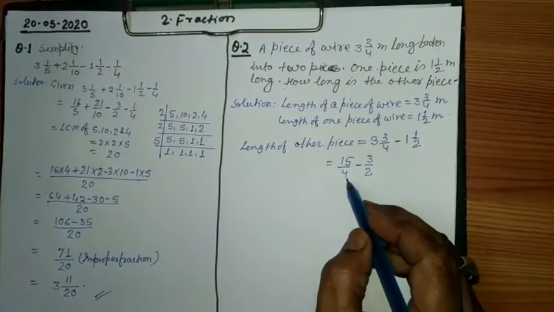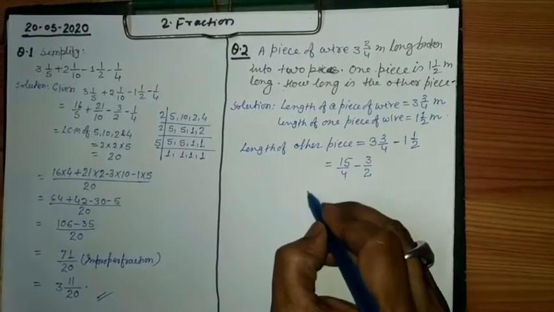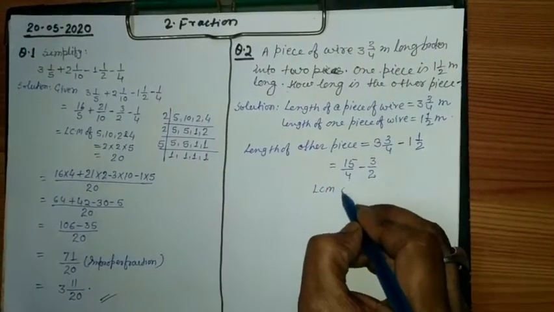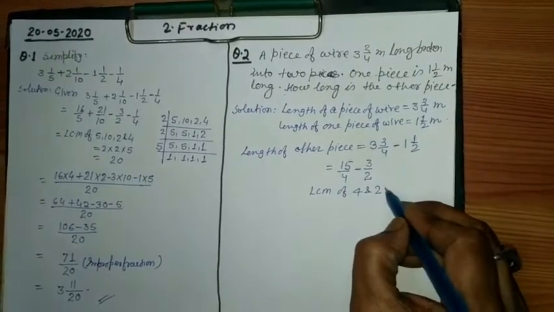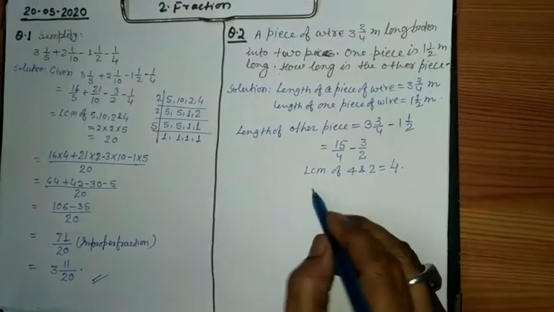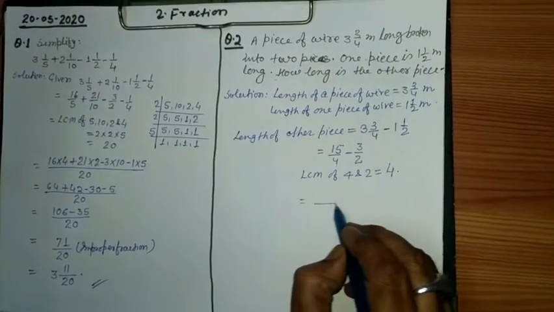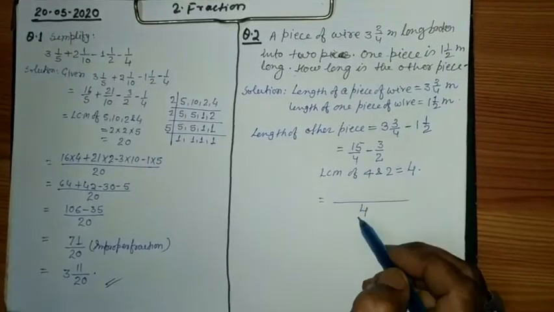So first we find the LCM of 4 and 2. LCM of 4 and 2 equal to 4. You can find it easily. Equal to 4. 4 ones are 4.